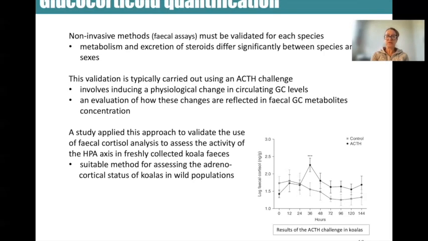A study has applied this approach to validate the use of fecal cortisol analysis to assess the activity of the HPA axis in koala feces. And it was determined in this study that, in fact, it was a suitable method for assessing the adrenocortical status of koalas in wild populations. So essentially you could use this methodology to measure stress levels in koalas in the wild.